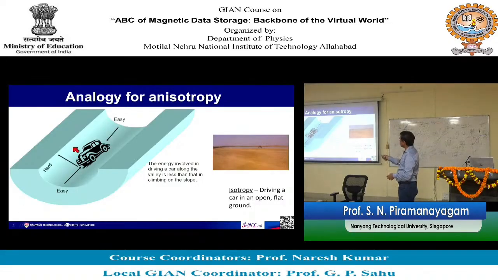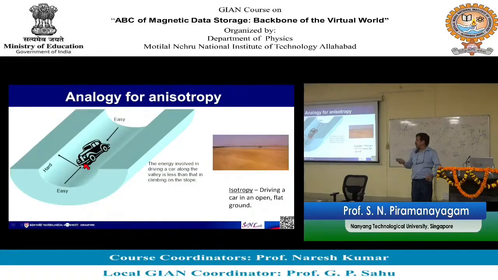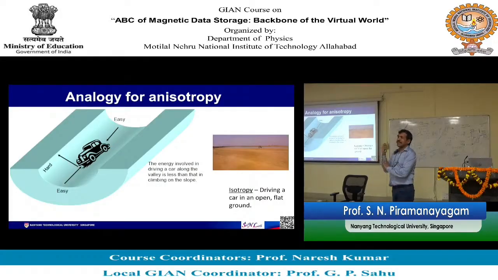So, here you press the accelerator 1500 RPM. When you come here, the speed is already 80 km per hour, and in this direction you press the accelerator 1500, you cannot even climb up. You need maybe more revolutions to climb up. So, that sets the difference between easy and hard direction. That is one difference. Can you tell me any other difference between the easy and hard directions here?